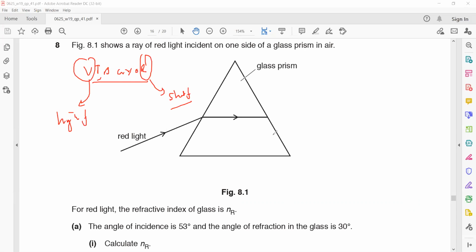When they travel from one medium to another, their speed changes. As the speed of violet changes more, violet bends the most and red bends the least. So with a higher frequency, there should be a greater change in speed.